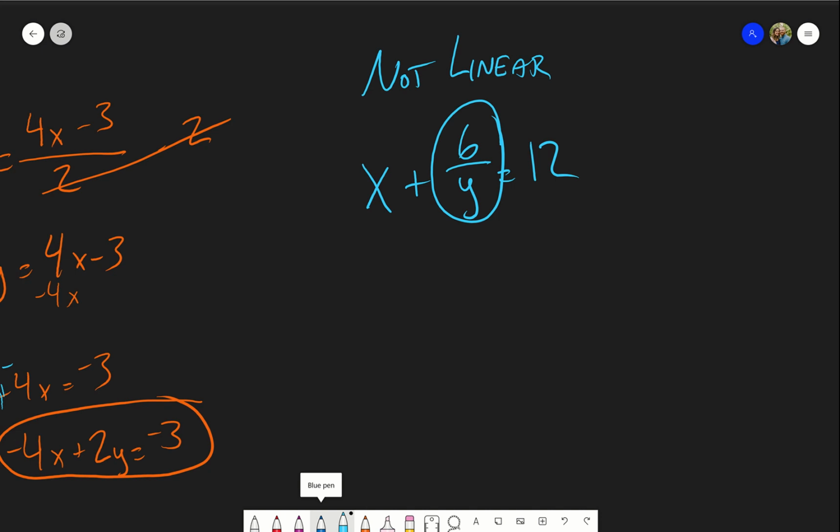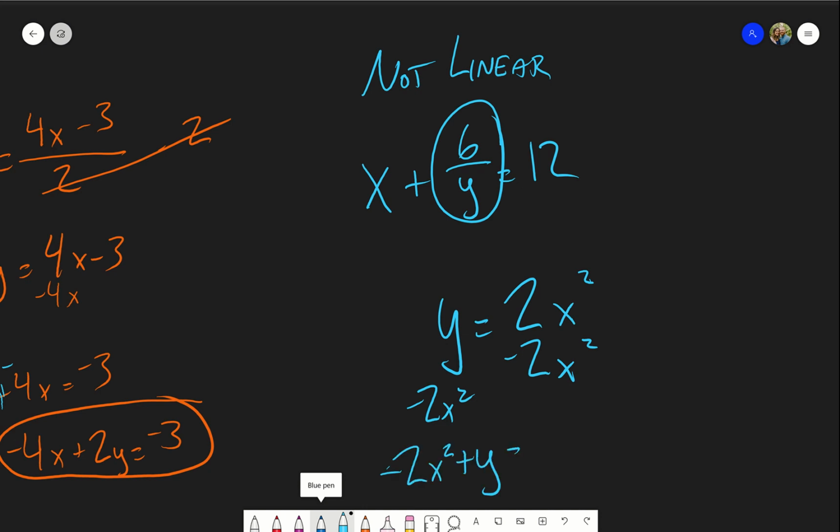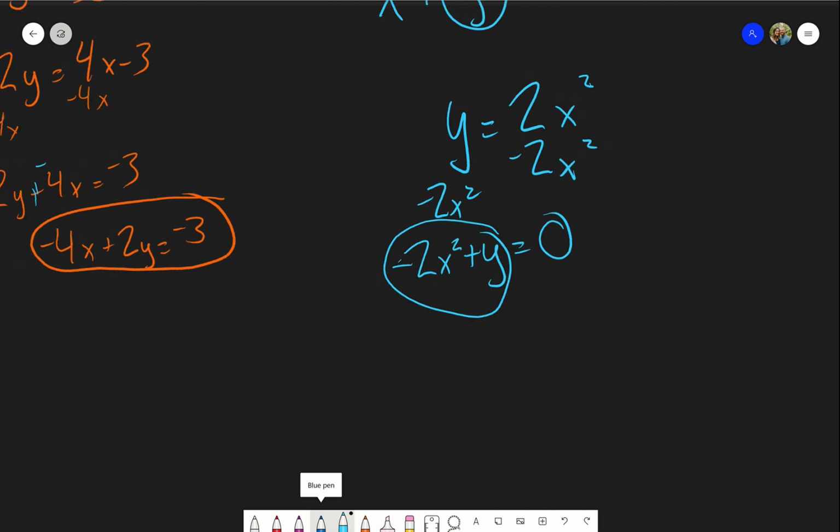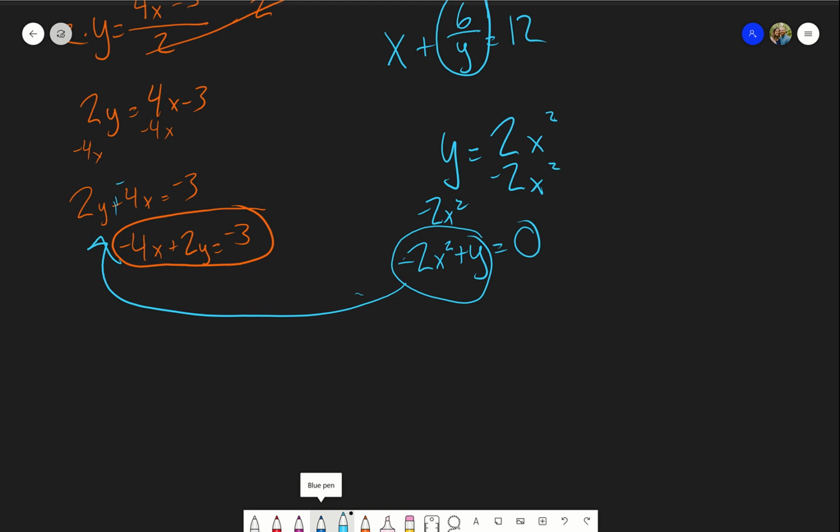What if I had y equals 2x squared? Well, I would say minus 2x squared on both sides. This gives me negative 2x squared plus y equals 0. I skipped some steps to get to this point, following the steps we did over here. If you were confused by that, that's where I just made it into plus and negative and then switched it.